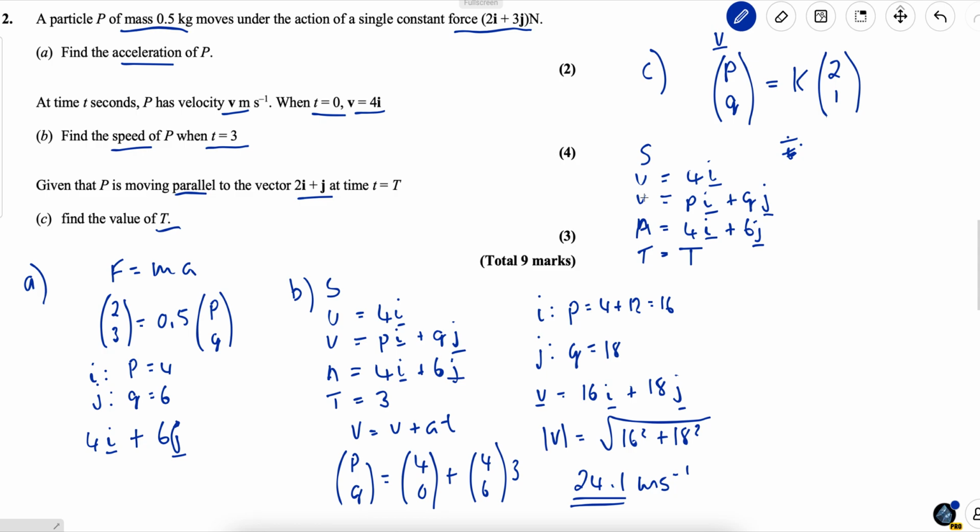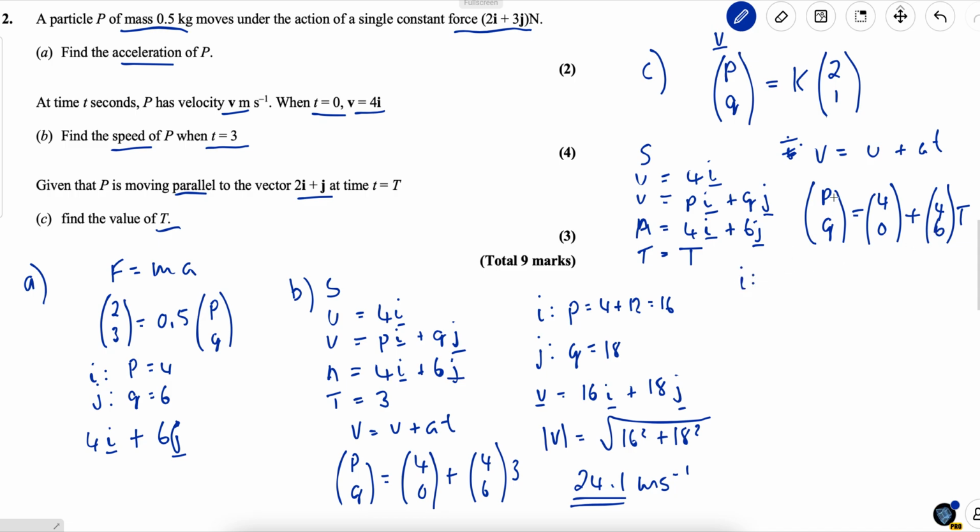So I've got u, v, a and t, so using v equals u plus at. I have p q, that I don't know yet, equals u, which is 4 in the i direction and 0 in the j direction, plus a, which is 4, 6, multiplied by time. So now I can equate coefficients.